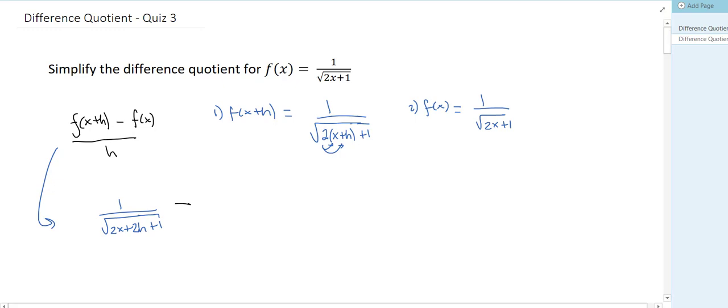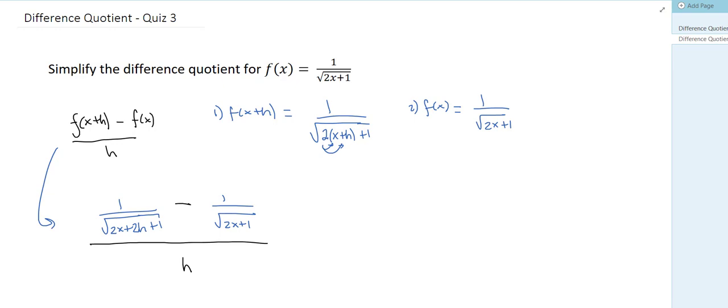And f of x is our original function, so 1 over the square root of 2x plus 1. And then I still have the whole thing divided by h. So what we did is, here's our f of x plus h, so that's what this is. Here's our f of x, so that's what this is. And our h is that h on the bottom.